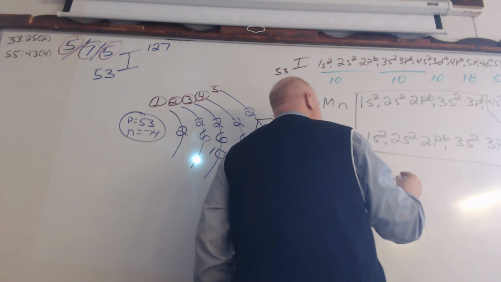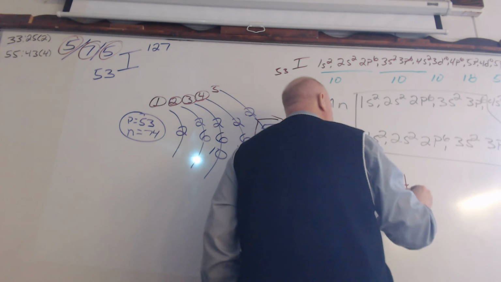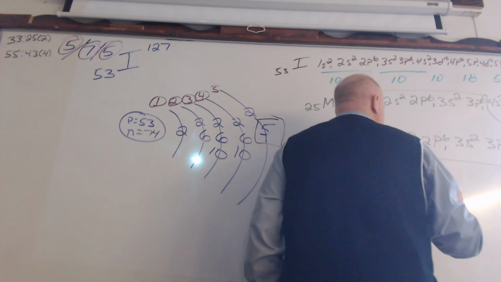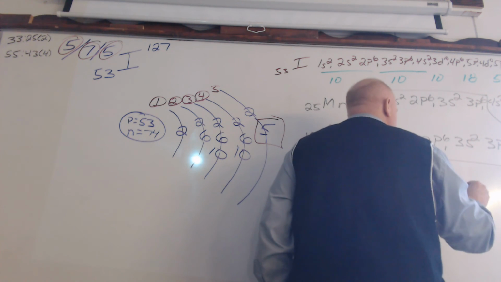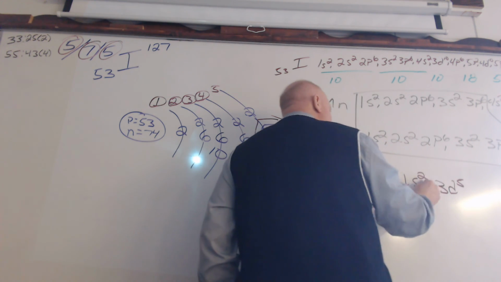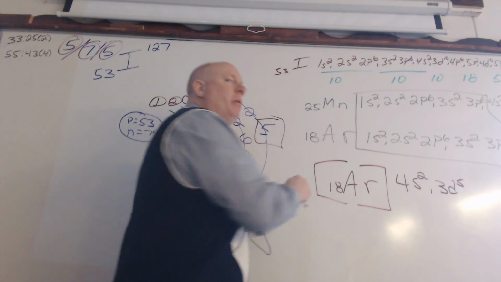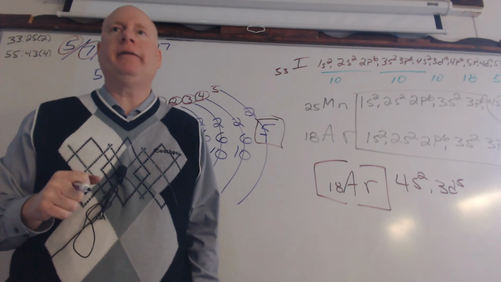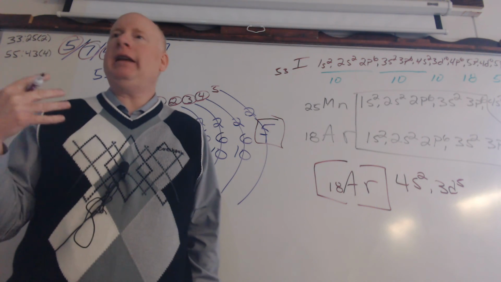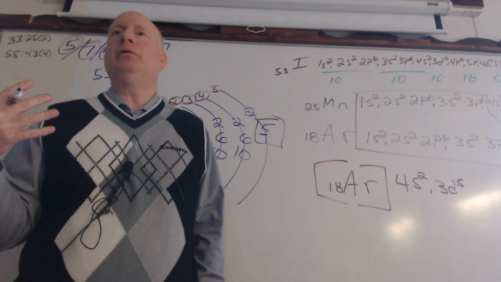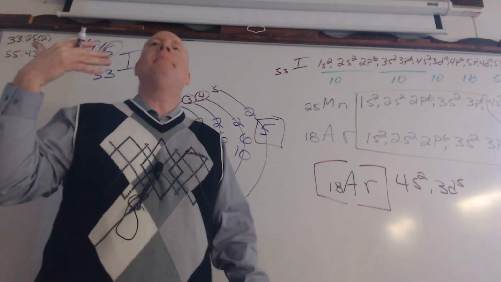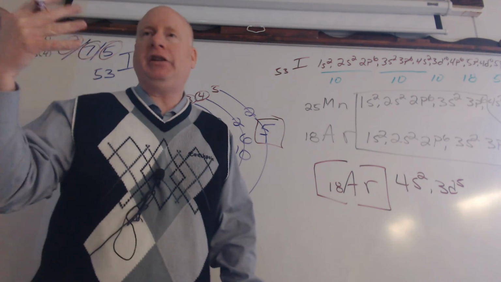What do we have left? Then what? What happens when you add that number and that number? What do you get? 25. So for any element, you can use a noble gas configuration and make things much, much easier.